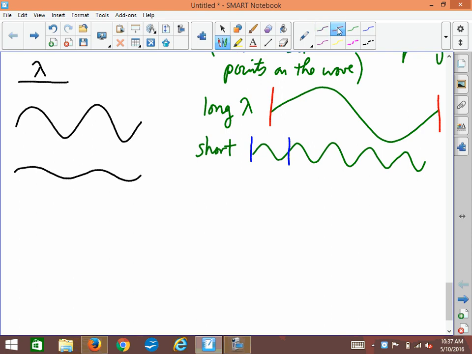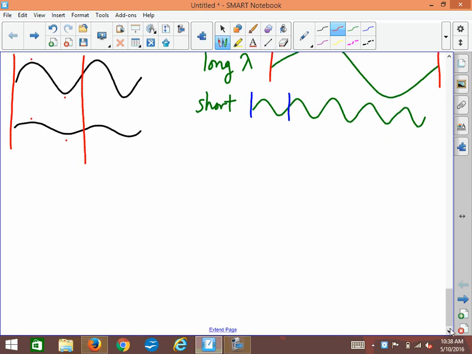If I draw the repeating units, there's a bump and a trough, and then right there. You can see the bump right here and the bump right there, the trough right there and the trough right there. So the wavelength has not changed, but the amplitude has.